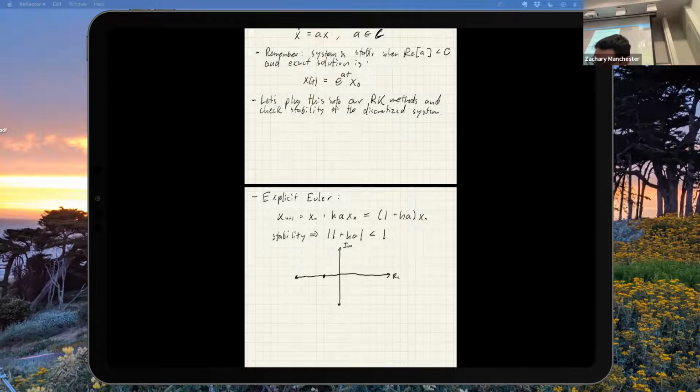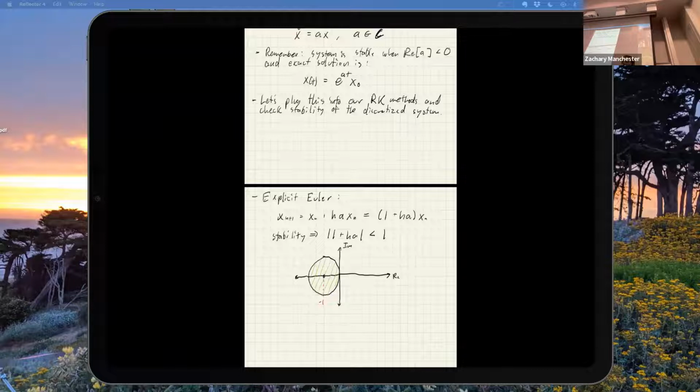It's like a big circle, and this is filled in, and this is -1. So what this is saying is that the system is stable whenever hA is inside here, right?